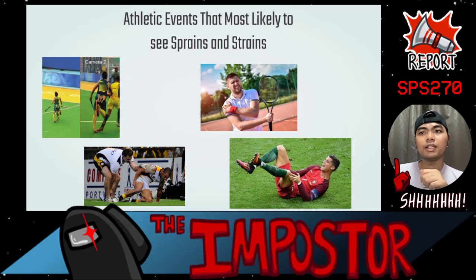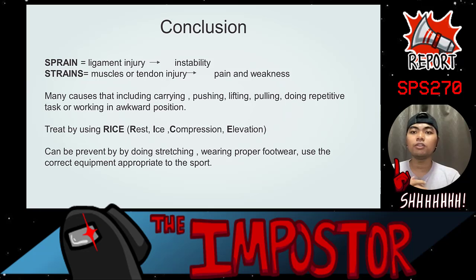So the next is tennis. The tennis injury is the elbow strain. While in rugby and football, the most common injuries are ACL and hamstring sprains. So as a conclusion, sprain is a ligament injury that causes instability.